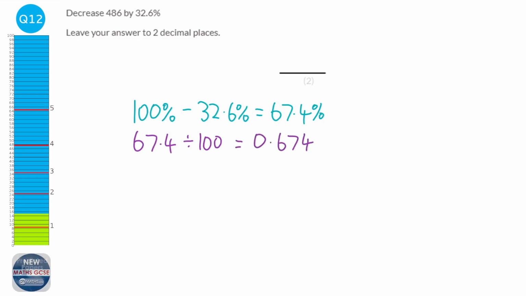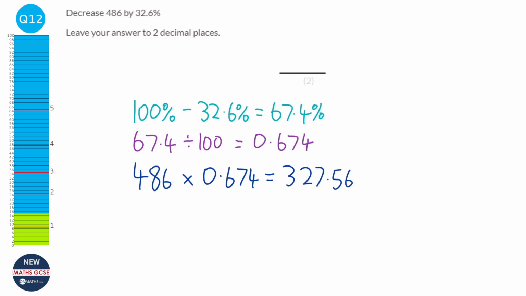The beauty about a multiplier is all we need to do is get the amount from the question, 486, and times it by the multiplier, and it will do all the hard work for us, and it will give us the answer of 327.56.